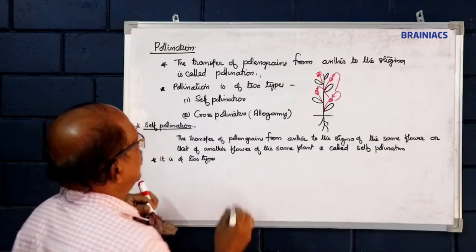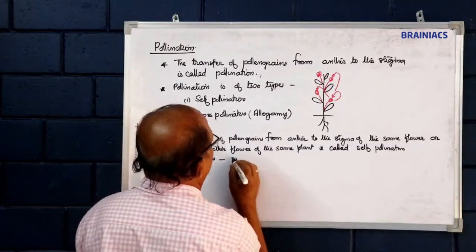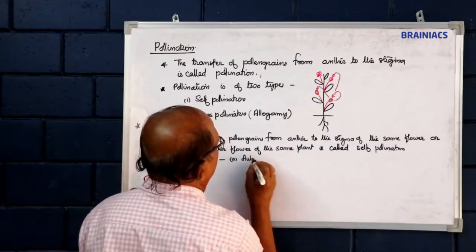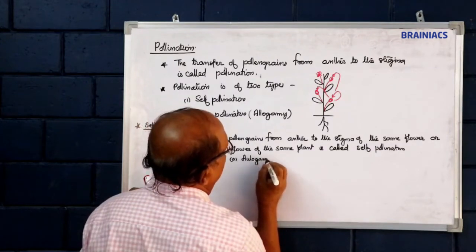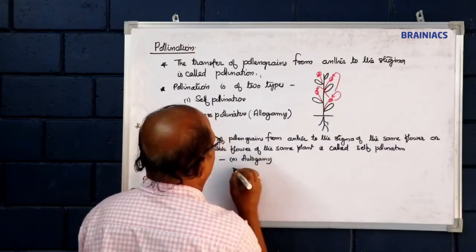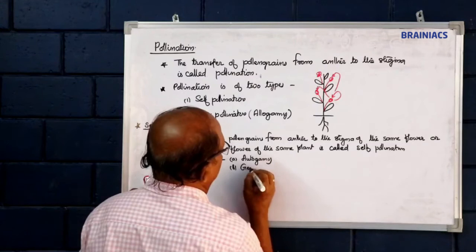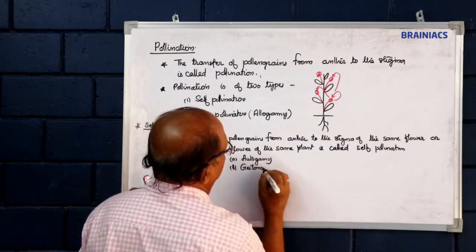Self-pollination is of two types: autogamy and geitonogamy.